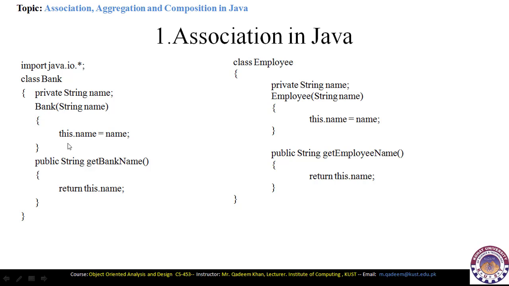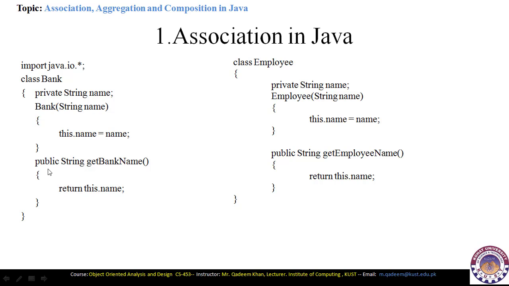Bank(String name) { this.name = name; }. This constructor in fact takes the string name as a parameter. It means that when this constructor is called through the objects, it will take the parameter of the name. So this is the parameterized constructor.